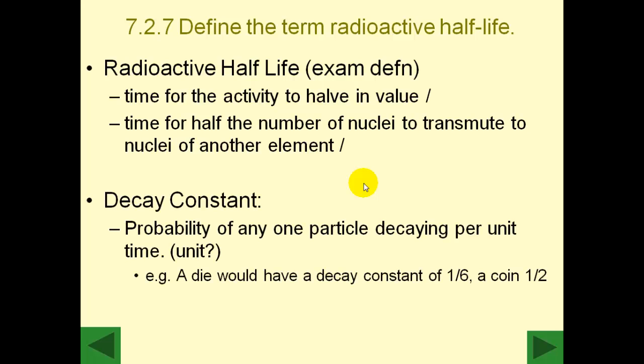The decay constant is the probability of any one particle decaying per unit time. The chance of you throwing a 6 is 1 over 6, and if you throw the 6, then that die transmutes, so you could say that the decay constant is 1/6. The decay constant of a coin is a half, because there's a 50% chance of it becoming a head or a tail.